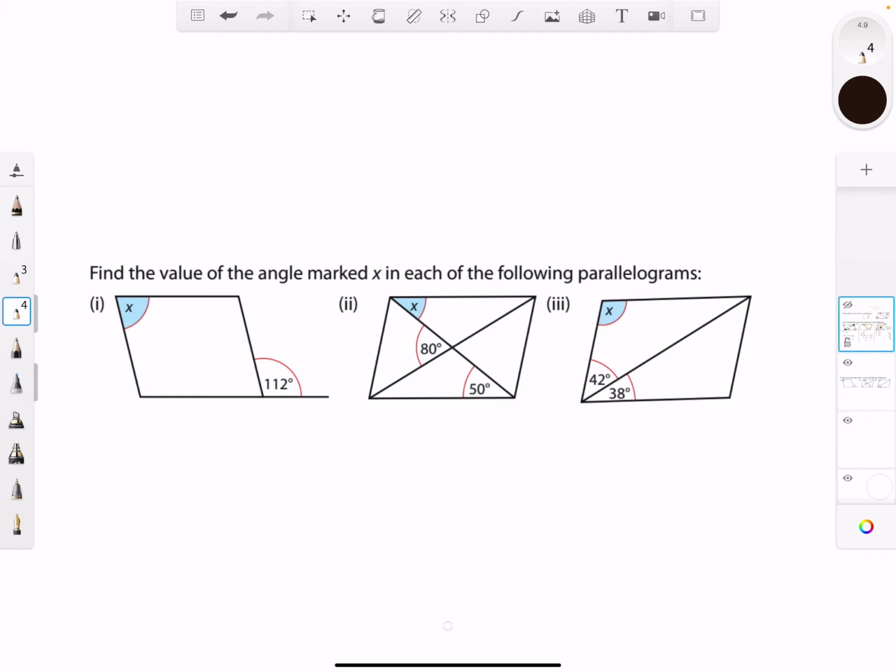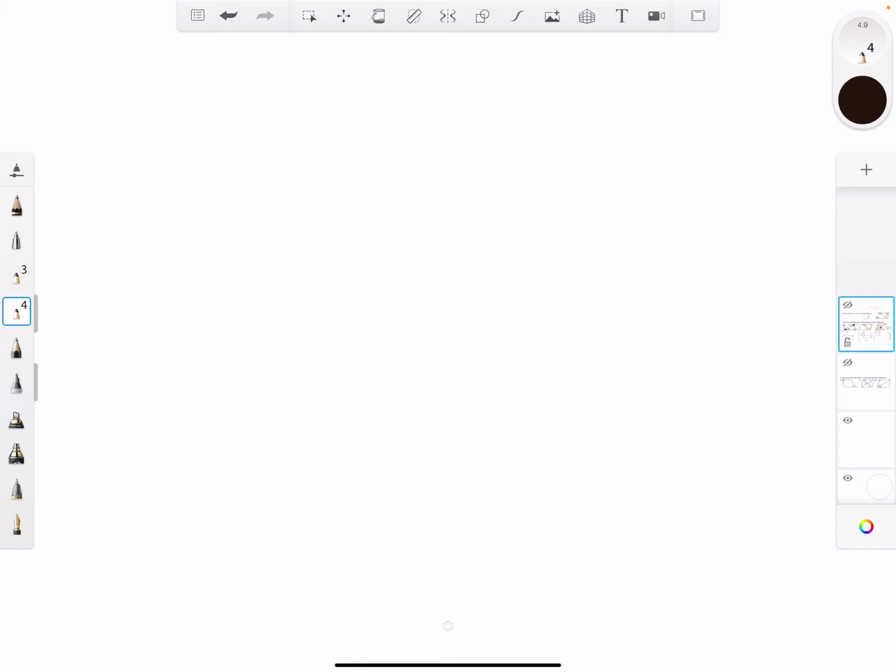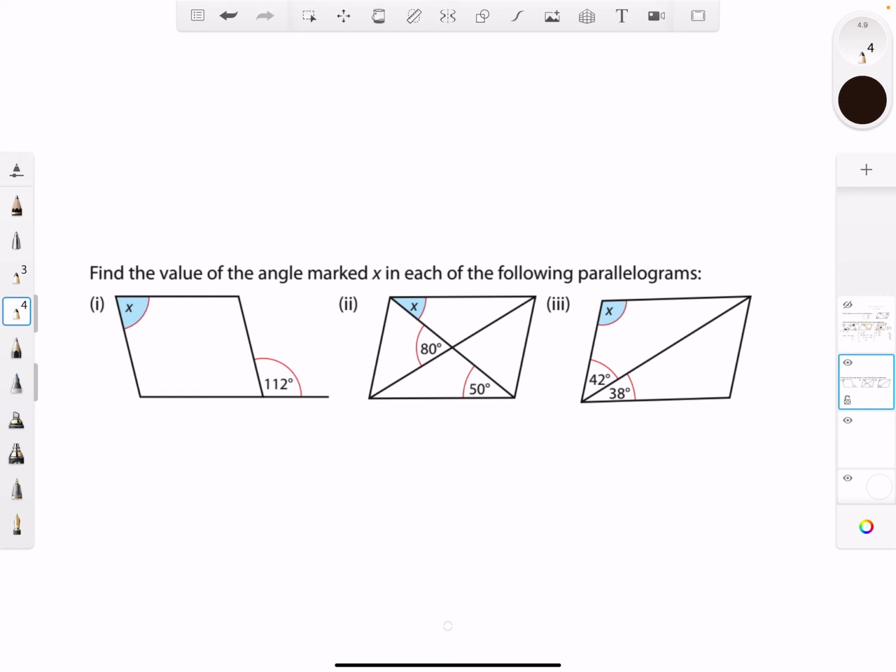But I'd like you to try and do these three sums if you didn't do any of the other ones by yourself. And if you're stuck, you can send me an email and I'll help you. Otherwise, we'll go through these three sums at the start of class on Monday.